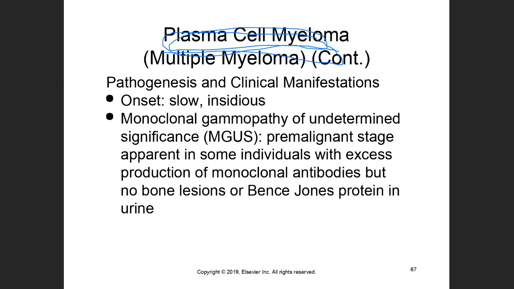Okay, that's another disease. That's a premalignant stage appearing in some individuals with excessive production of monoclonal antibody, but no bone lesion or Bence Jones proteins. That's one of the main characteristics. MGUS doesn't have the CRAB symptoms. They don't have hypercalcemia, renal problem, or anemia.